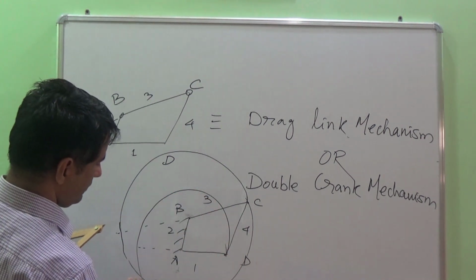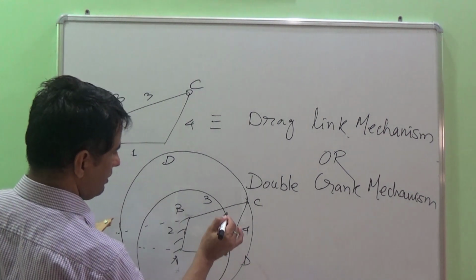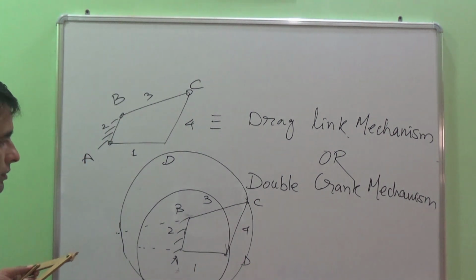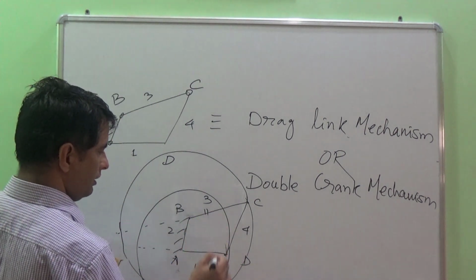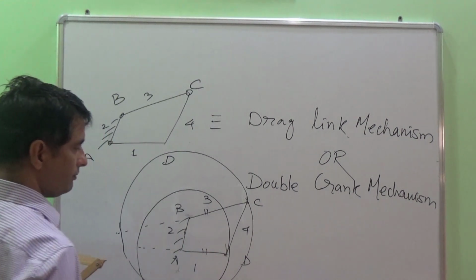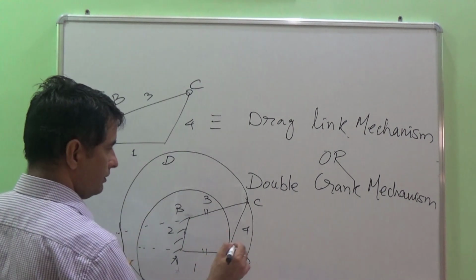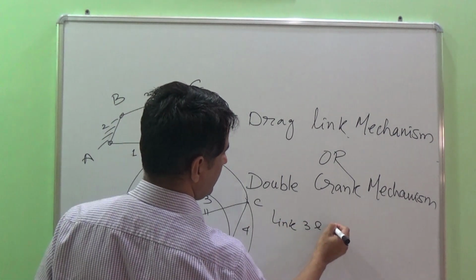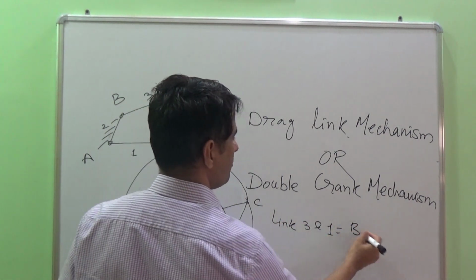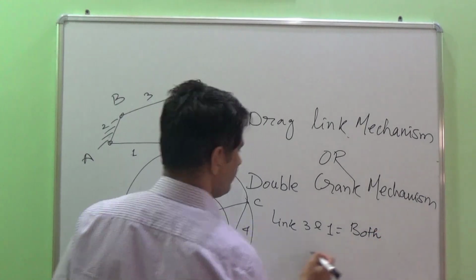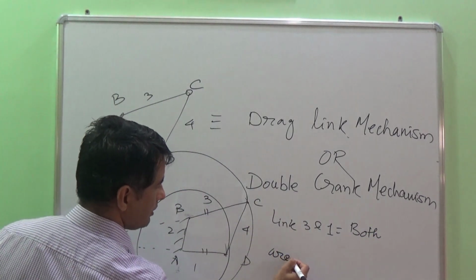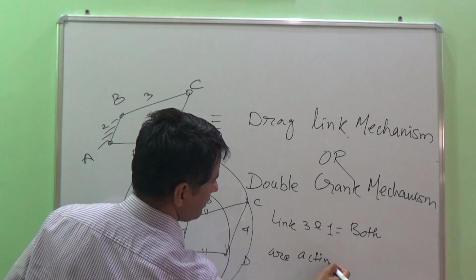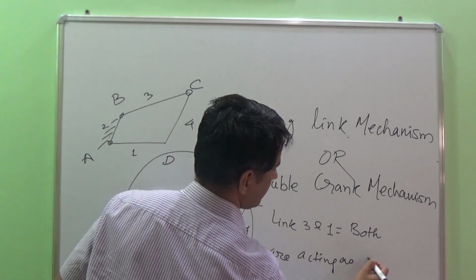This is the motion of links 3 and 1. Both links 3 and 1 are acting as a crank.